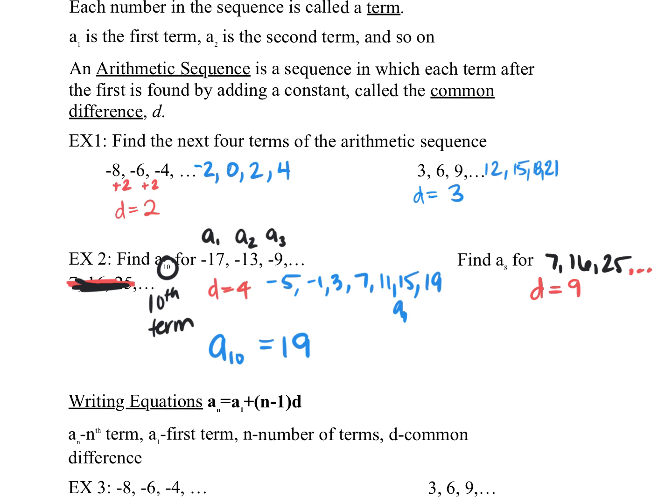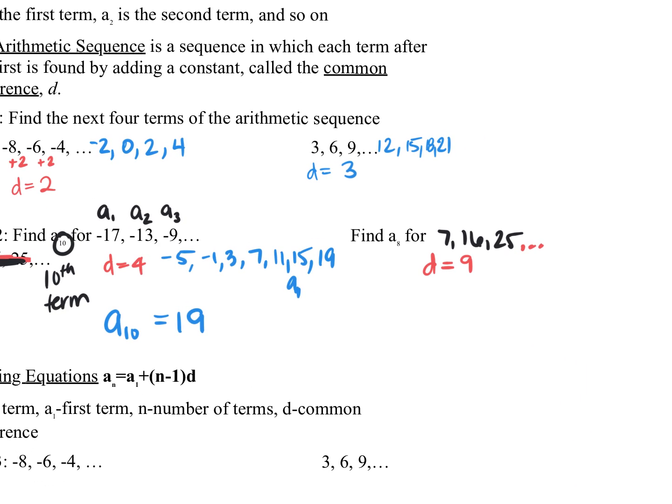Okay? So if I add 9, there I have 25 as my A3. So what's the next one? 34, 43, 52, 61, 70. That's 4, 5, 6, 7, and 8. So A8 is 70. Questions?